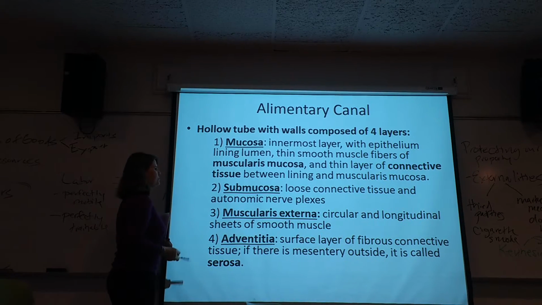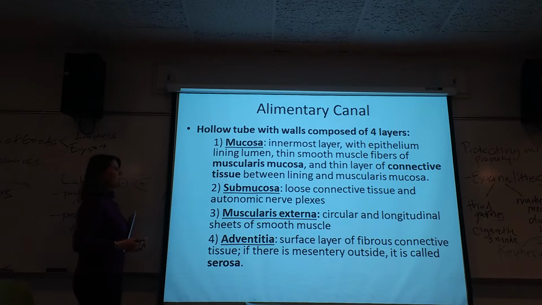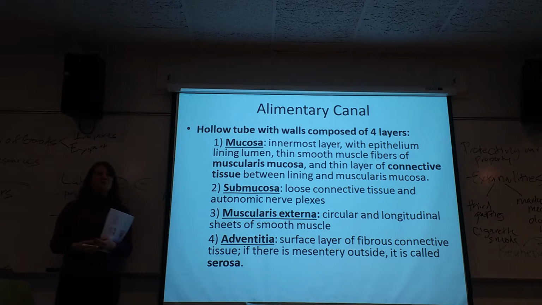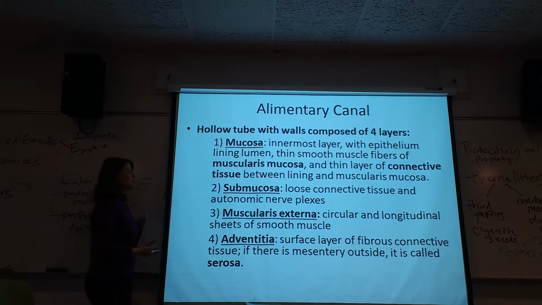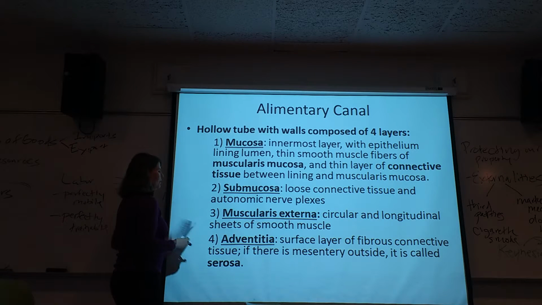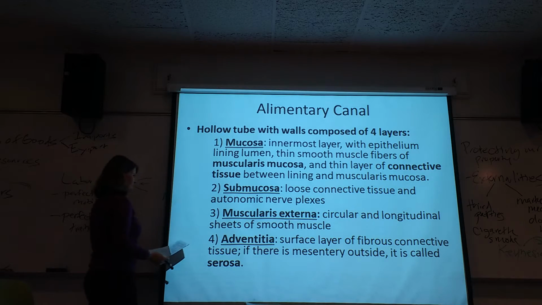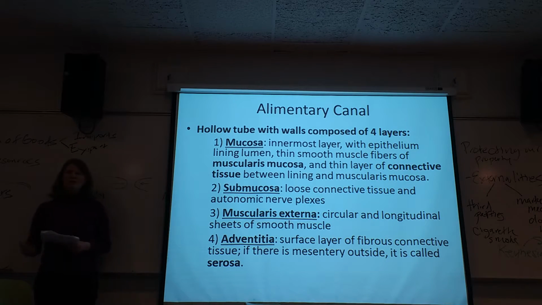Then the submucosa is inward from that, and that consists mostly of loose connective tissue and also autonomic nerve plexuses. So the nerves and also some loose connective tissue. Then the third layer is what we call the muscularis externa. And when we talk about the smooth muscle of the intestine and the alimentary canal, this is what we're talking about.